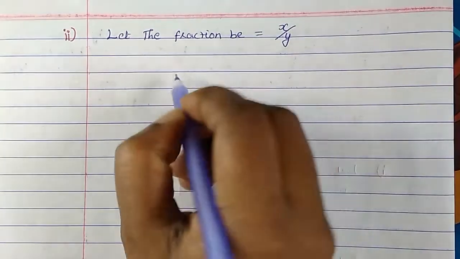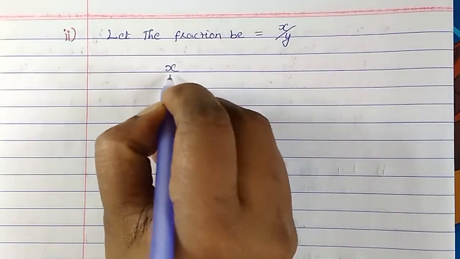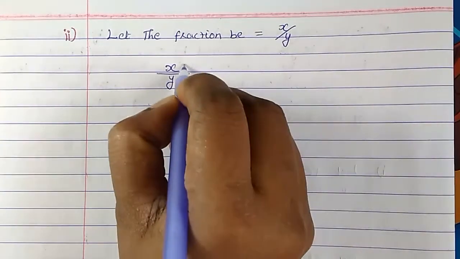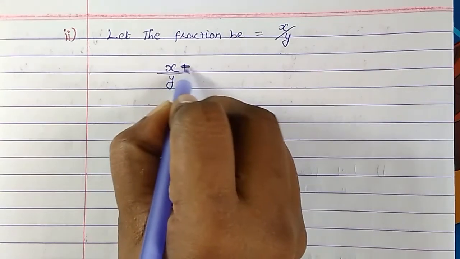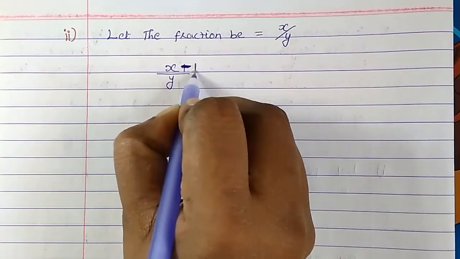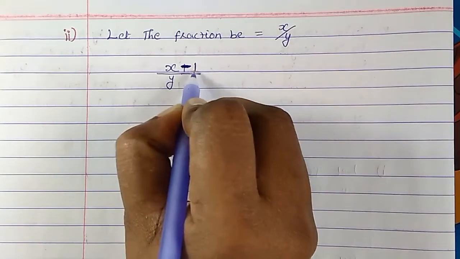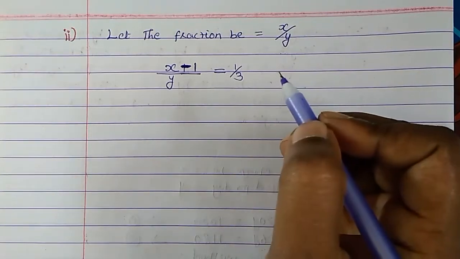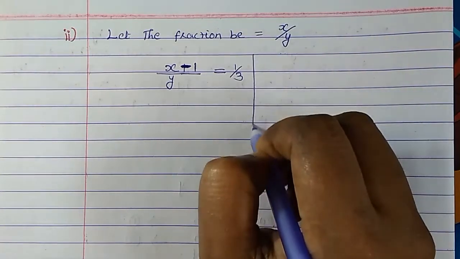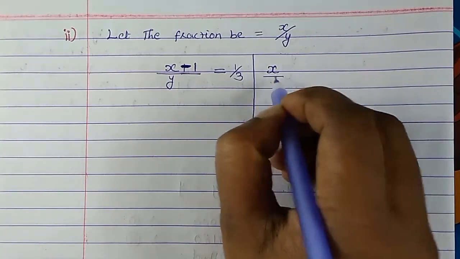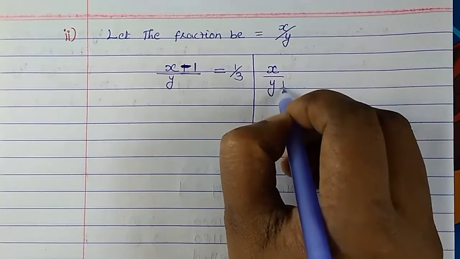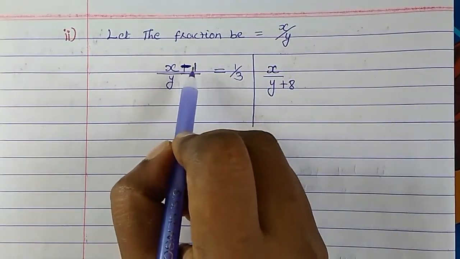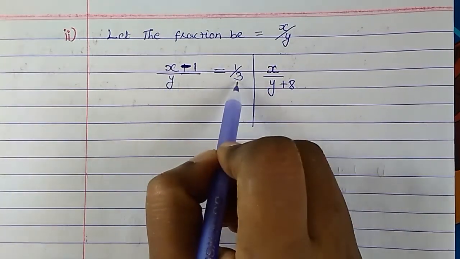Whatever the fraction is, we don't know. The first statement was, if 1 is subtracted from the numerator, it becomes 1 upon 3.